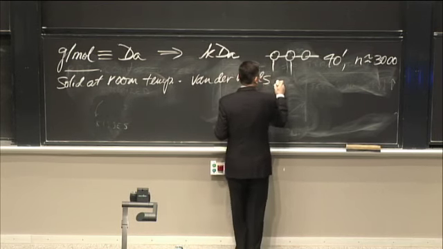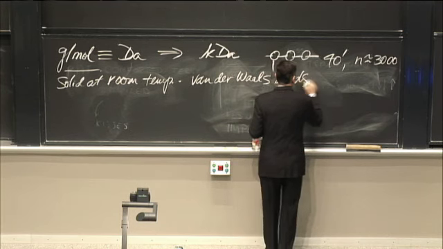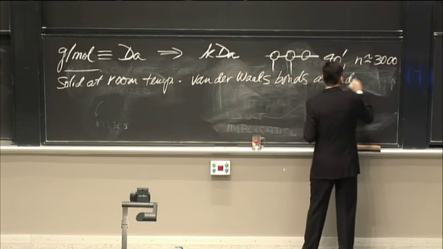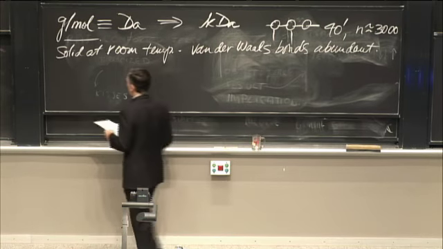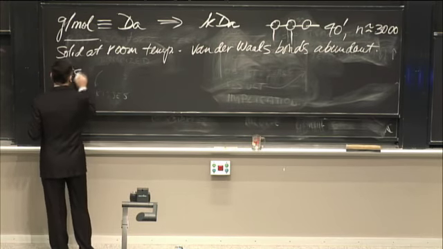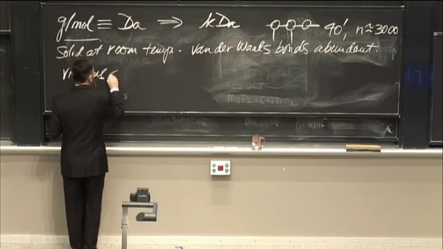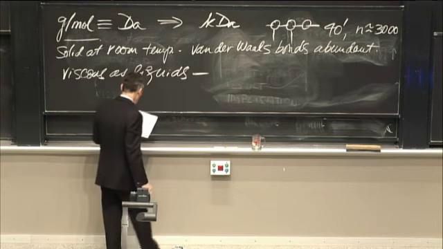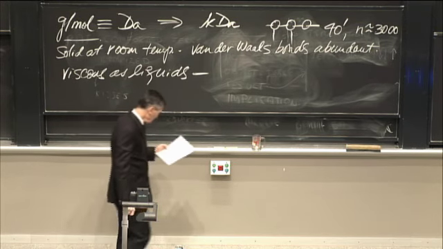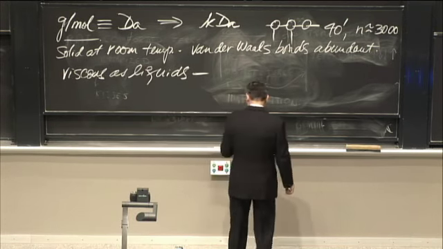Van der Waals bonds are abundant. And as a liquid, we expect viscous liquid. Viscous as liquids. Okay, good. Got that down. What else do we have to know?